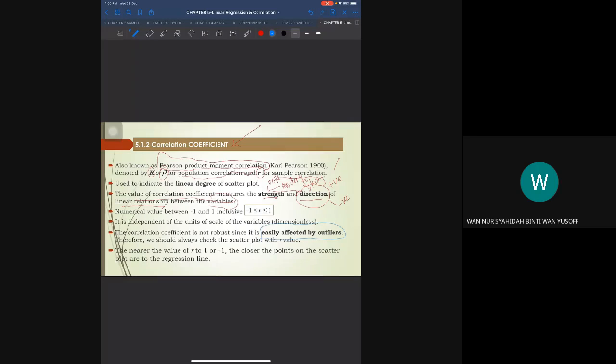Anyone, can you tell me why it is easily affected by the outlier? You should already have studied this. Therefore, we should always check the scatter plot together with the r value. If you have an outlier, it will show in your scatter plot. As we know, an outlier is a data point that deviates from the rest of the data.